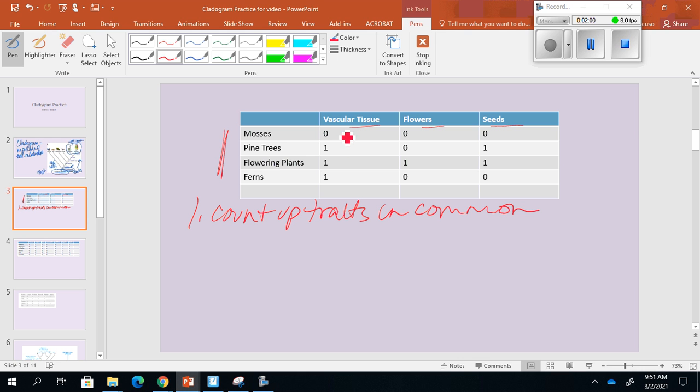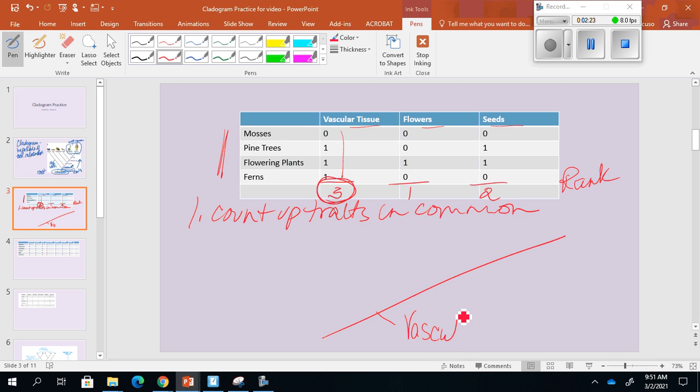So I want to count this direction. So 3 of them have vascular tissue, only 1 has a flower, and 2 have seeds. This is basically going to tell me how to rank them. And when I draw my cladogram, whichever one has the most, that's going to be the first trait that distinguishes it. So vascular tissue.